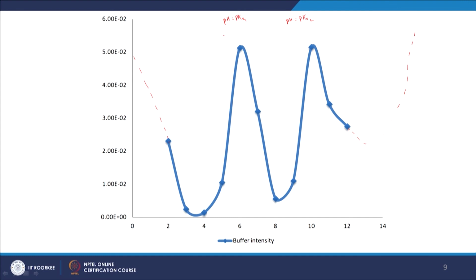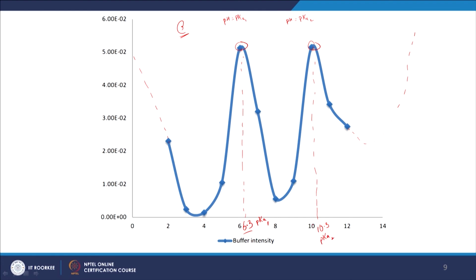Obviously we see that the buffer intensity is going to be maximum in those cases, and these are the two relevant points here. When I look at where that goes to, it should be 6.3, which is the pKa 1 of your carbonate system. And here it should be 10.3, which is pKa 2 of your carbonate system.